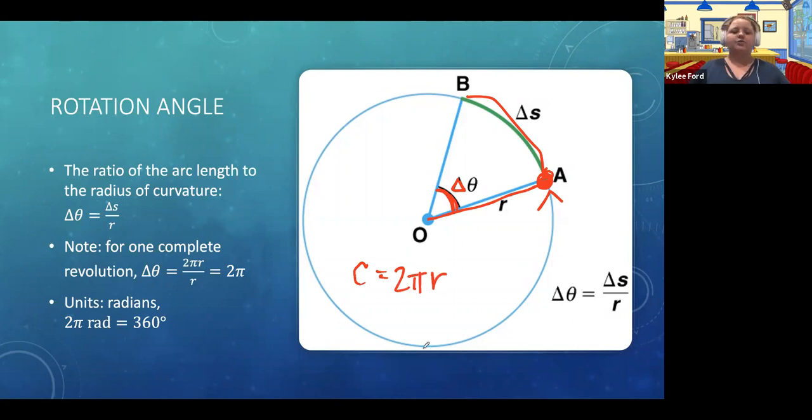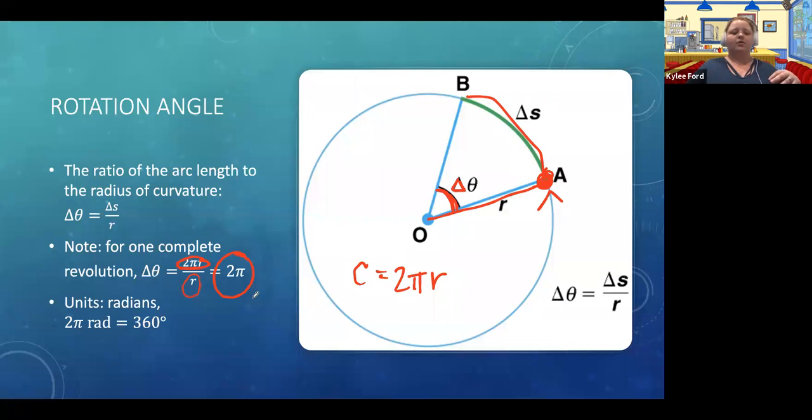So we plug that in as our delta S, and divide by the radius r. For any circle, it doesn't matter what the radius is, for one complete revolution my rotation angle is 2 pi.